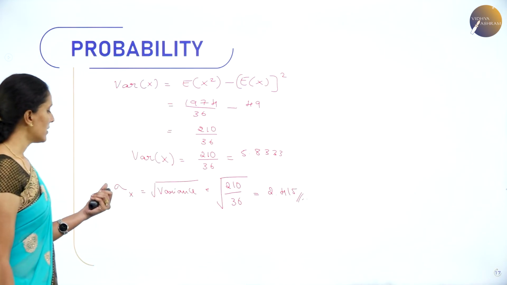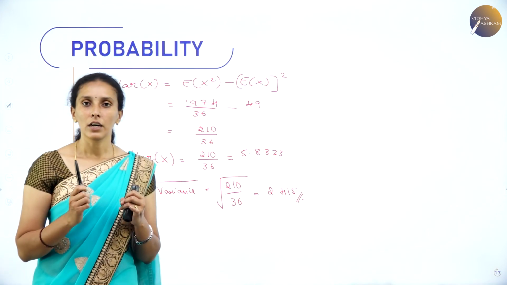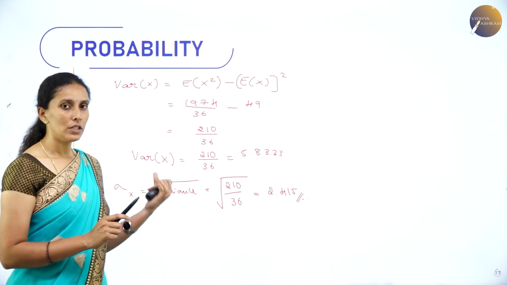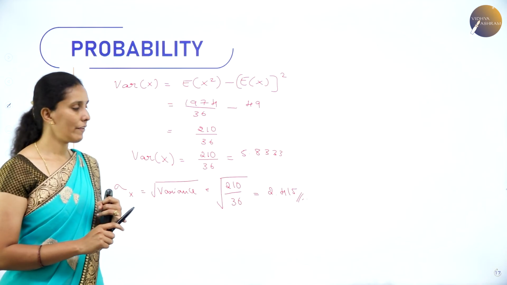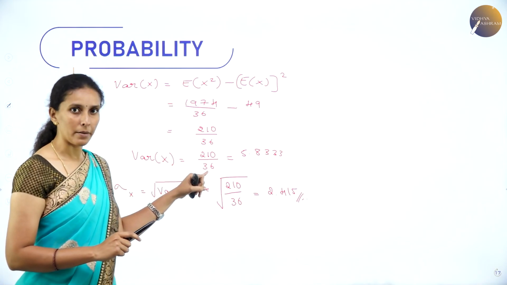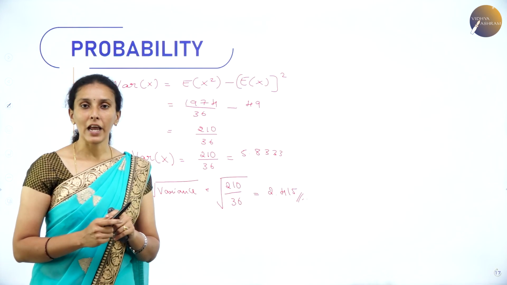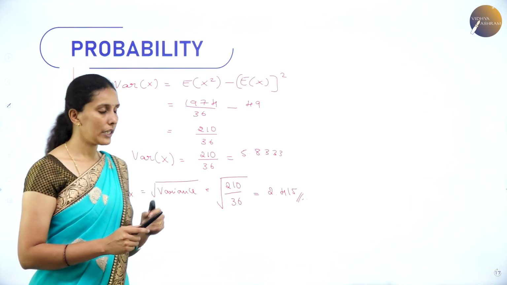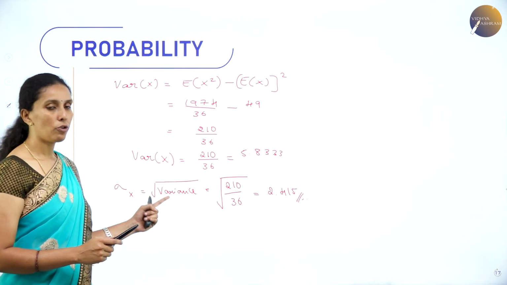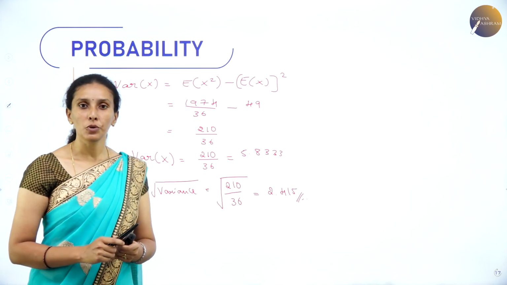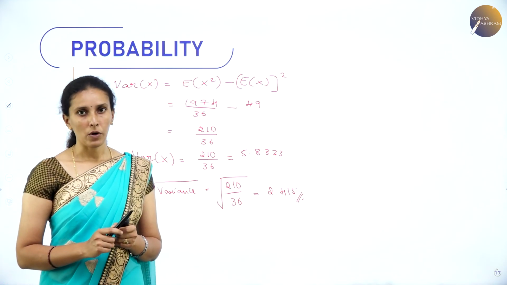So this is the standard deviation. Hence, the expectation or mean for this probability distribution is 7. Variance is 210 by 36, and in decimal we can write it as 5.8333. The standard deviation is the square root of variance, whose value is 2.415 approximately.